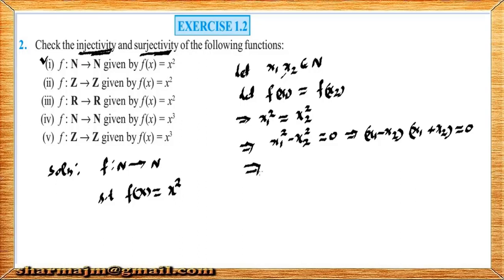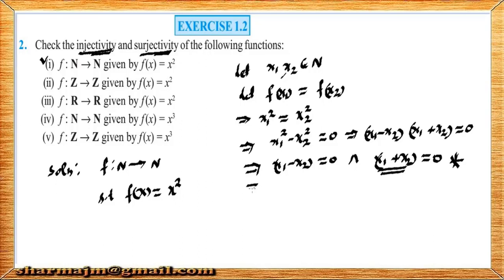Now x1 and x2 are two natural numbers, which implies x1 minus x2 is equal to 0 or x1 plus x2 is equal to 0. Now x1 plus x2 cannot be equal to 0 because x1 and x2 are two natural numbers, so their sum cannot be 0.